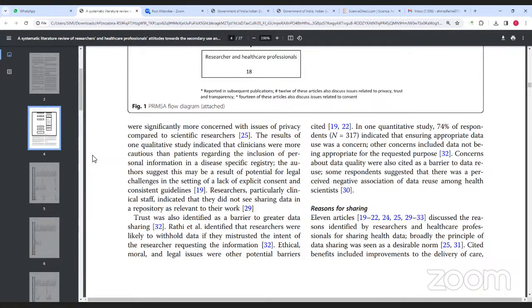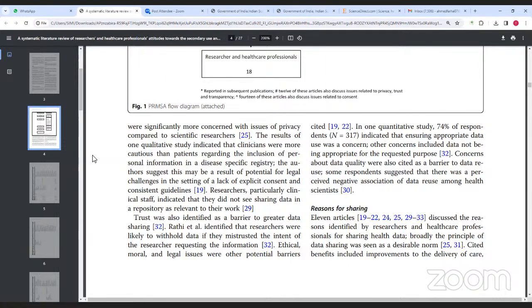Researchers, particularly clinical staff, indicated that they did not see sharing data in a repository as relevant to their work. Trust was also identified as a barrier to greater data sharing. Rathi et al. identified that researchers were likely to withhold data if they mistrusted the intent of the researcher requesting the information. Ethical, moral, and legal issues were other potential barriers cited.